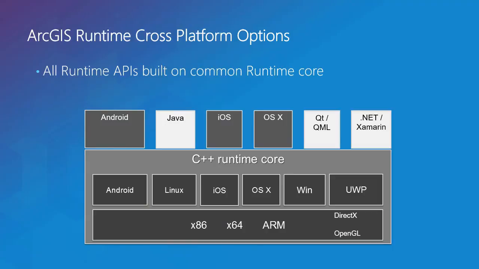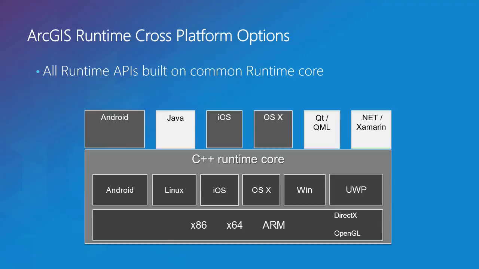So if we look at some of our options here, in this schematic, what we see is a common core. Our runtimes are built on a common shared native core, built using C++, supporting a variety of different platforms, different operating systems, different architectures, and different rendering pipelines. We build all that as one common core, and we expose that as developer APIs so that developers can take advantage of this common shared logic.